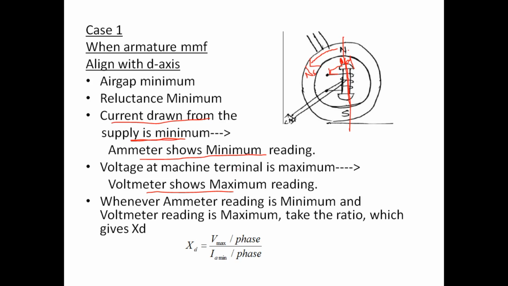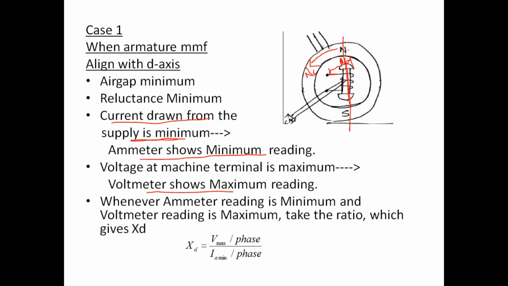Now we look at the ammeter and voltmeter, whenever the ammeter is reading minimum and the voltmeter maximum. You will be doing this test in the next semester, in the Machines 2 lab. The voltmeter shows maximum and the ammeter shows minimum at the same instant.